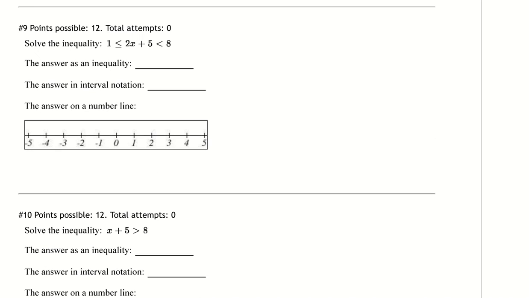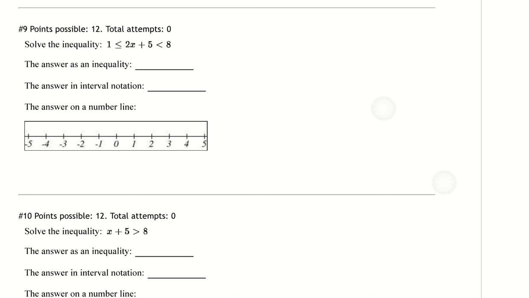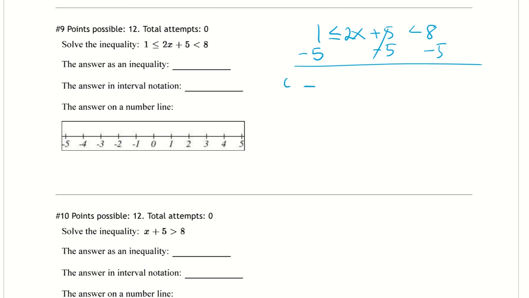When you're solving something with numbers on both sides, you have to do the same thing to each part. So I'm going to subtract the 5 from both sides, actually all 3 parts this time. So -4, screen got away from me, 2x, and then 3 divided by 2 like we did before.